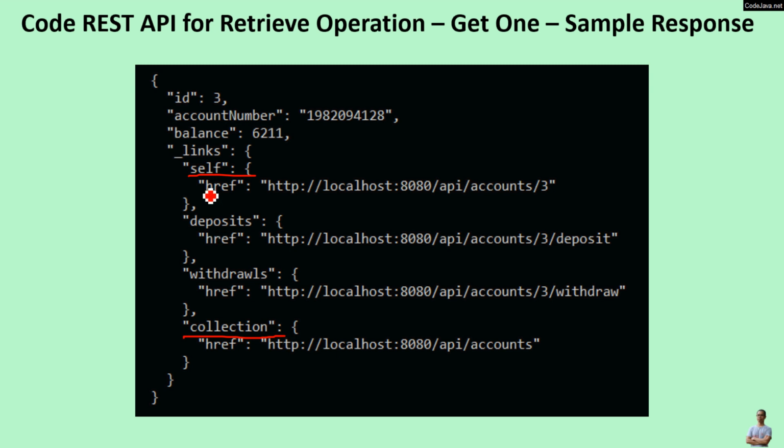The link with the relation self has the URL pointing to the API that returns the information of a single account, and the link with the relation collection has the URL pointing to the API endpoint URI that returns information of all accounts. You see.